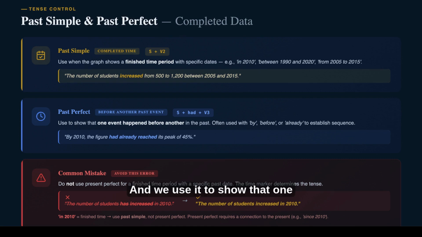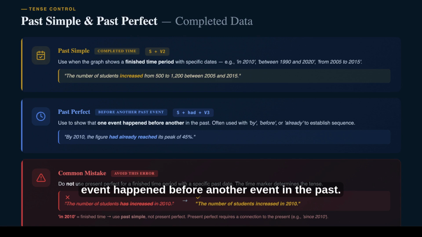And we use it to show that one event happened before another event in the past. It's often used with by, before, or already to establish sequence.